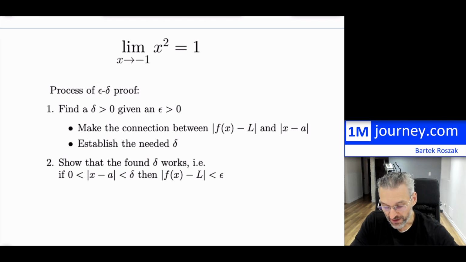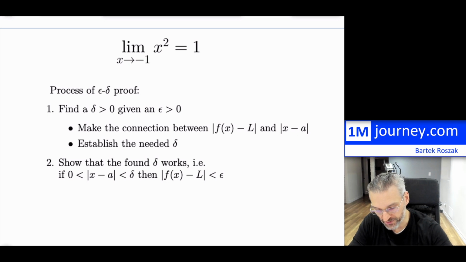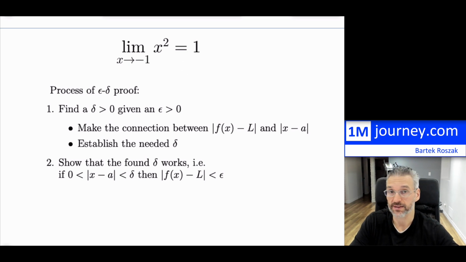Okay, so for every proof that you have for epsilon-delta, if you're putting it on an exam, test, or quiz so that your profs or TAs are marking it, try to follow these two steps. Very often when you're doing these epsilon-deltas, people just jump directly in and try to find the delta, period, and that's all that they do.